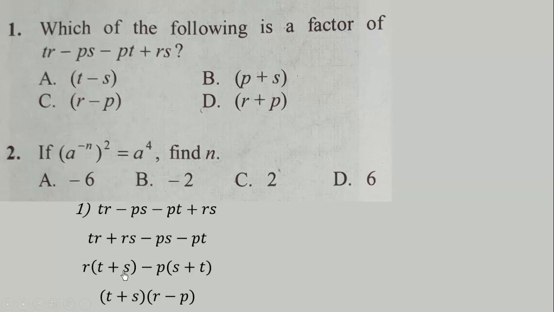That will give us T plus S into R minus P. So both of them are factors of the given expression. So the only one that is given here is option C, which is R minus P.